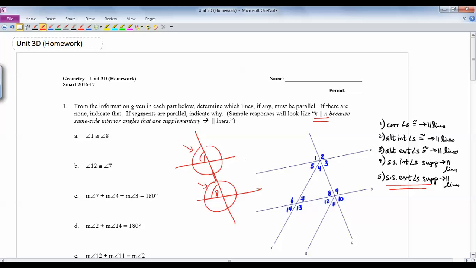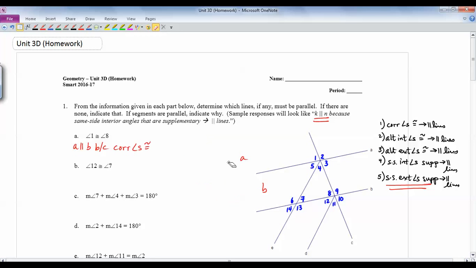In this case it'd be line A and line B. So we know A is parallel to B because corresponding angles that are congruent give us parallel lines.